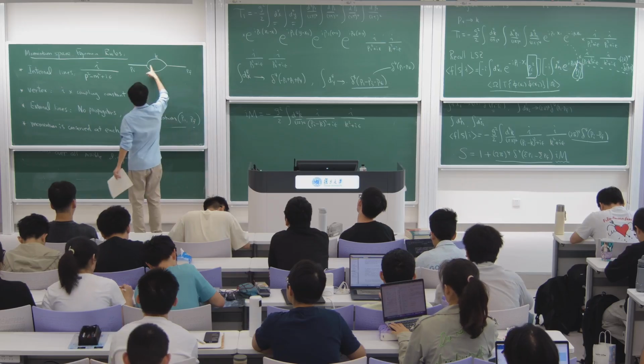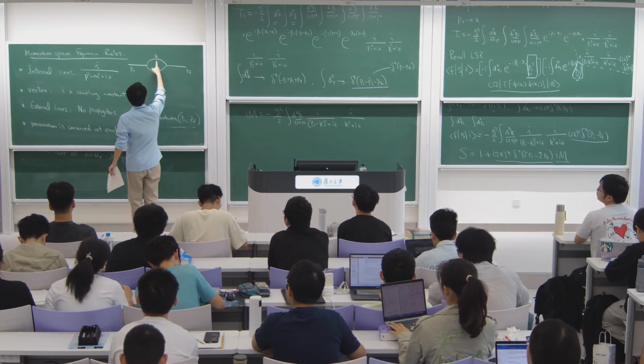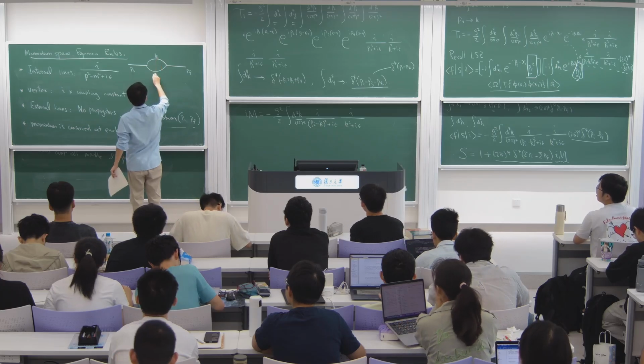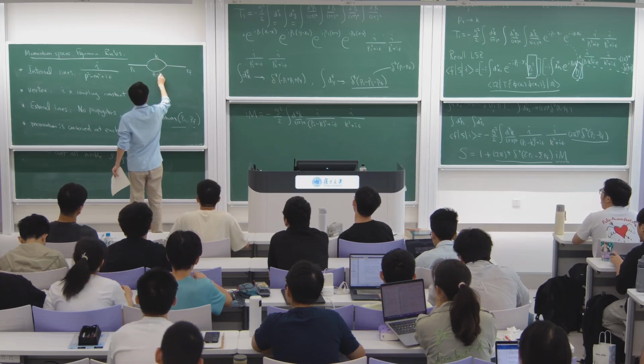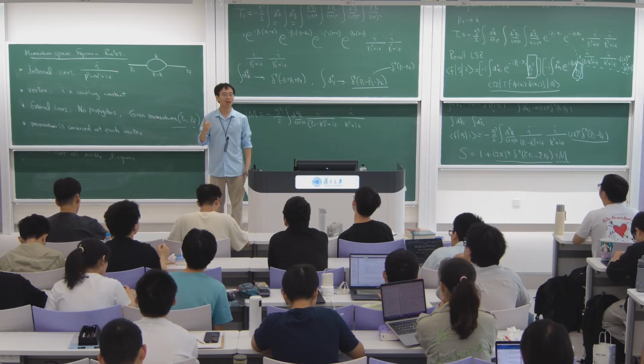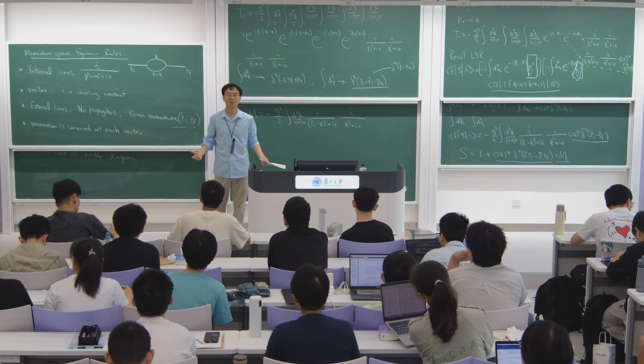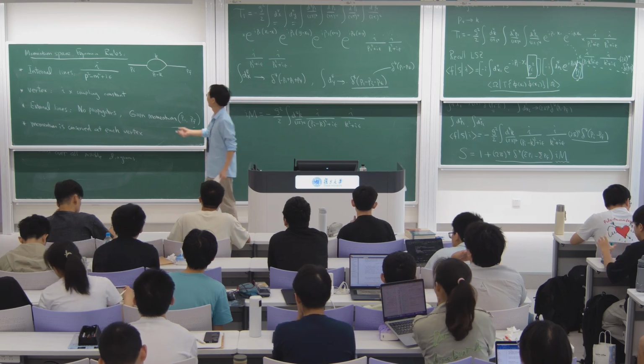But anyway, for each vertex the momentum is conserved. So if this is k, then this will be pi minus k. Only one k is an independent momentum. All the others can be determined by conservation, you see?